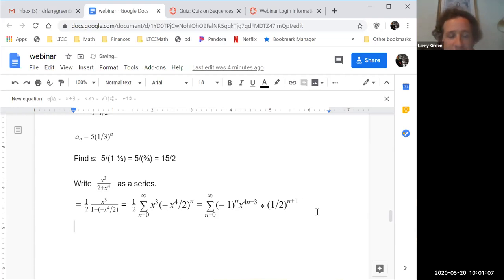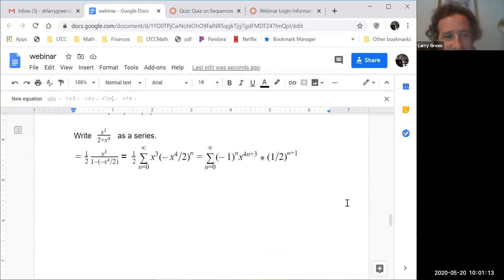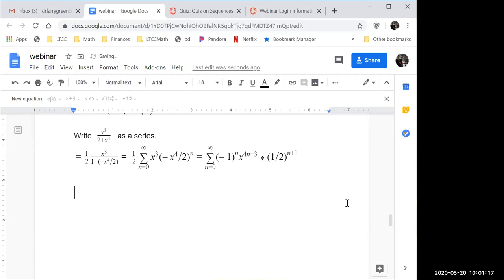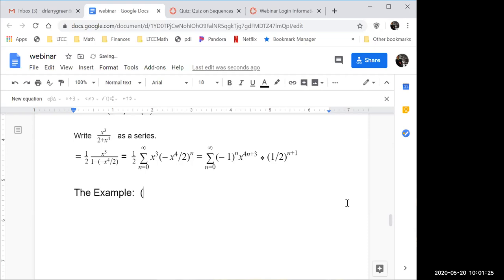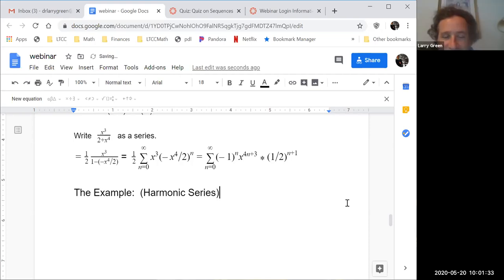Now, let me give you another example. It's going to look so much easier and so much not easier. Don't you hate those? I'm not going to write example, I'm going to write the example. Why am I going to use the word the? Any guess?